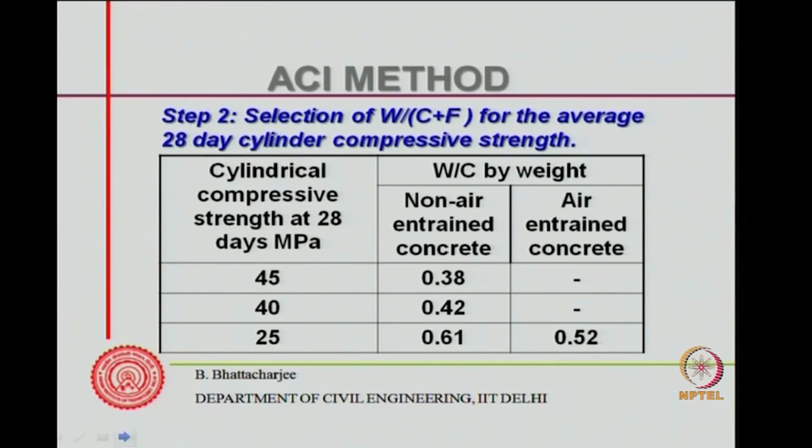We are always talking about 28-day strength only, and age is not varying. So, we were talking of target mean strength. Now, here the average strength represents something similar. So, these are essentially the average strength, and corresponding water cement ratio you can determine.